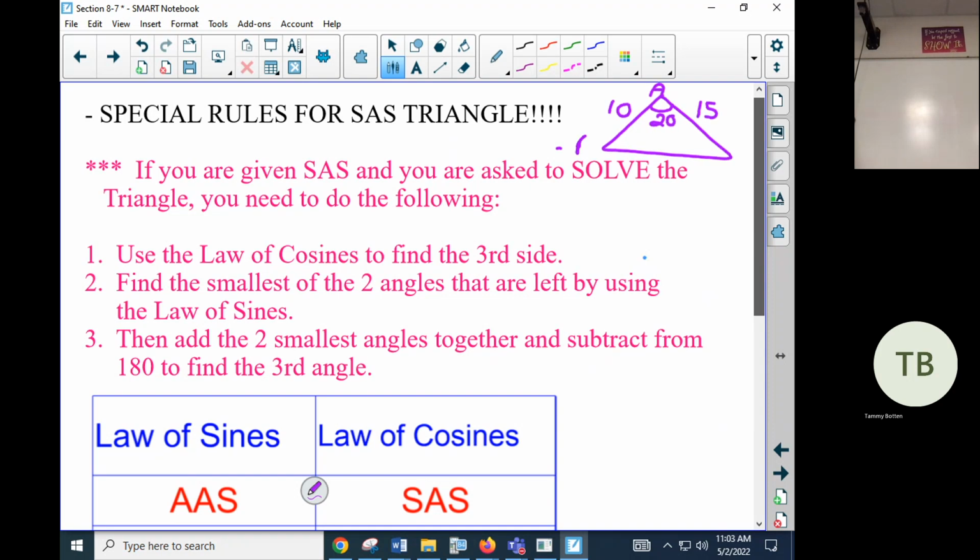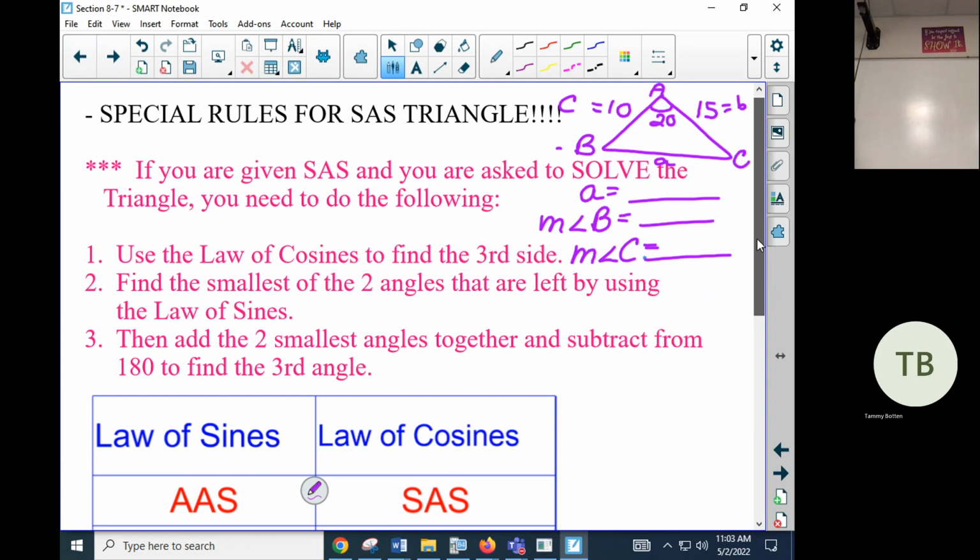This is A, B, C, this is little a, little b, little c. We would have to find little a, the measure of angle B, as well as the measure of angle C. And it does matter what order you do it in.